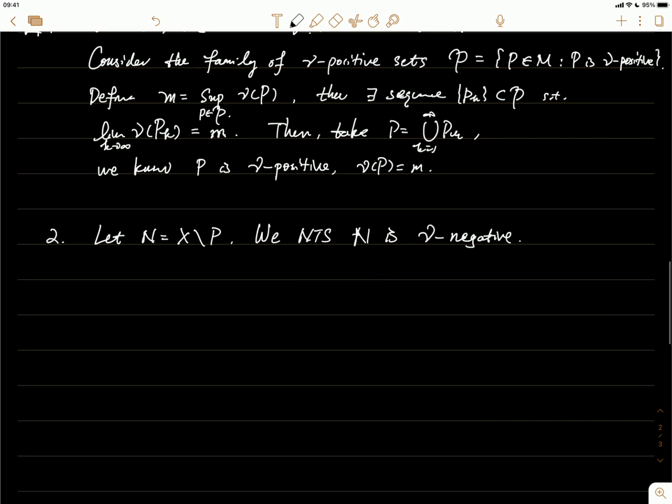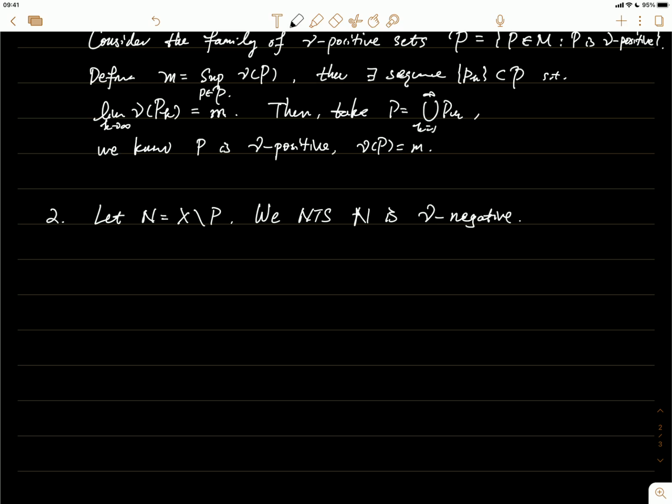So to show this set is nu negative, we need to show that for any subset of N, the measure over that subset is non-positive. Okay, so if this is not true, if E is a subset of N and the measure of E is positive, then we can claim that E cannot be nu positive.